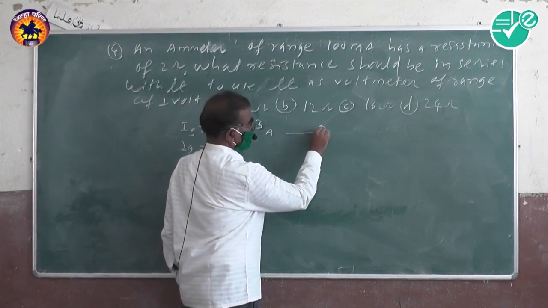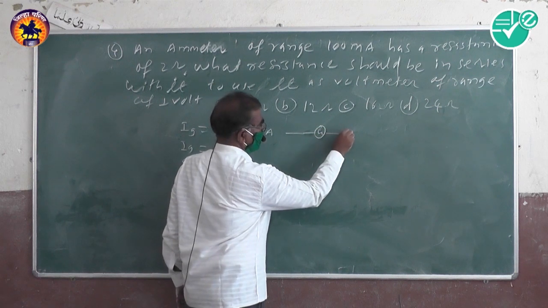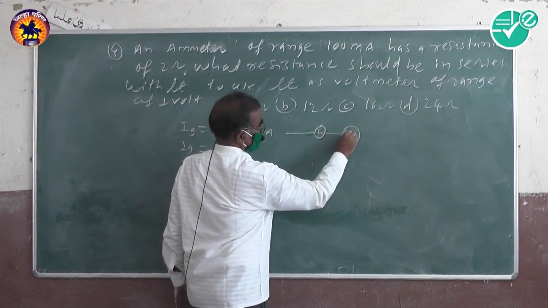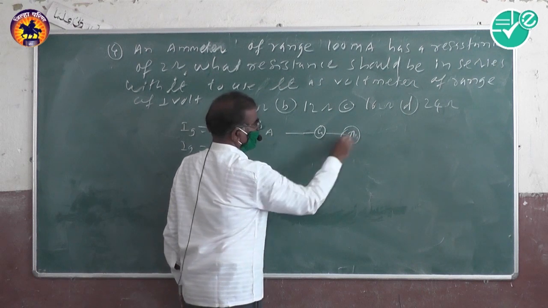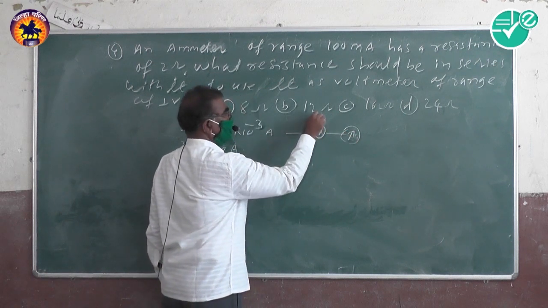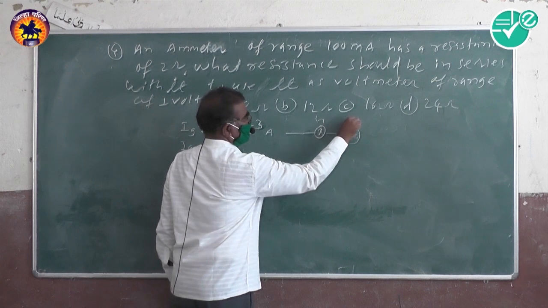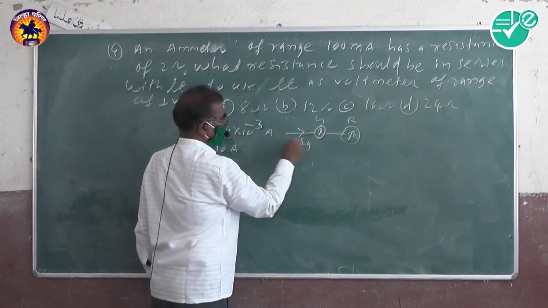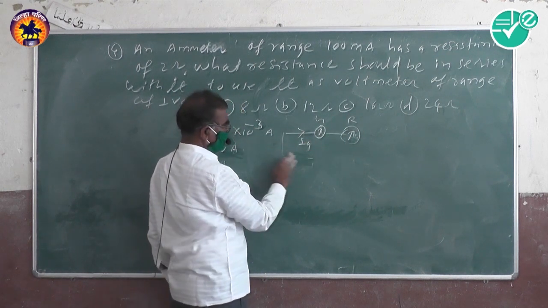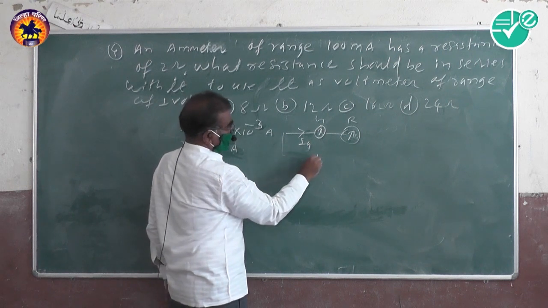Voltmeter is the series combination of galvanometer and the high resistance, with the current Ig.